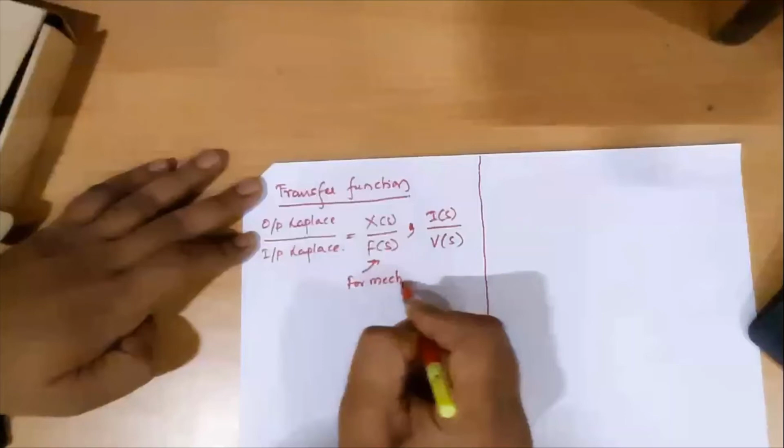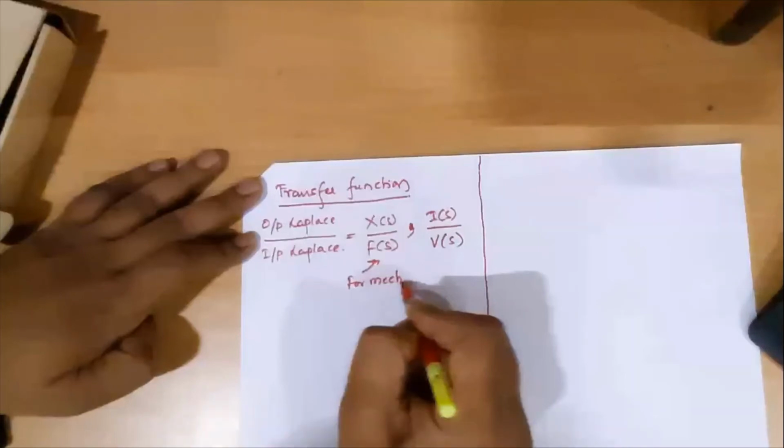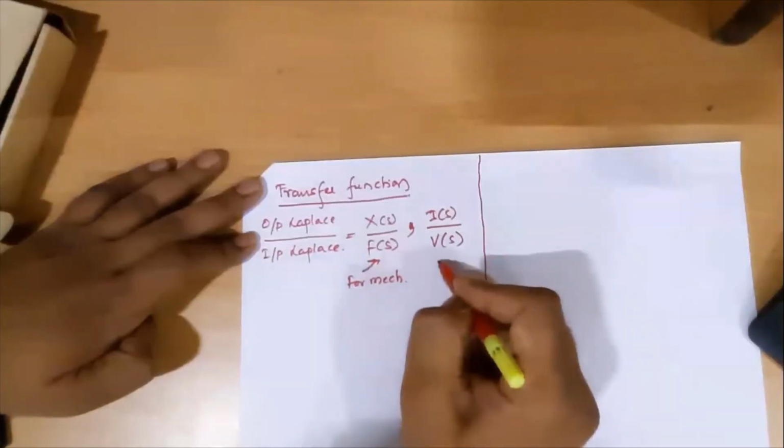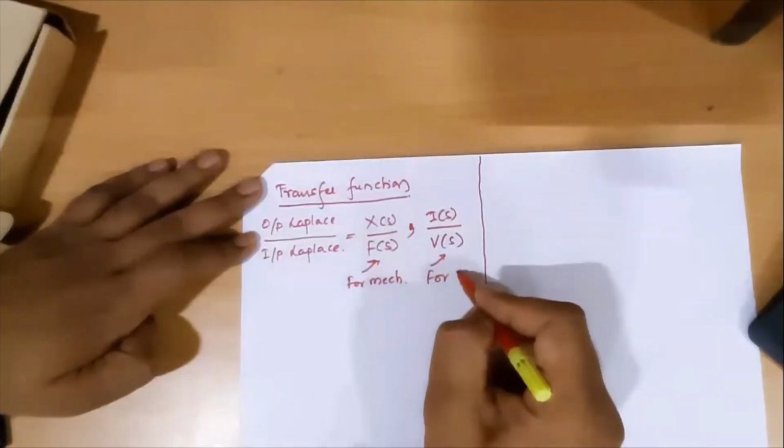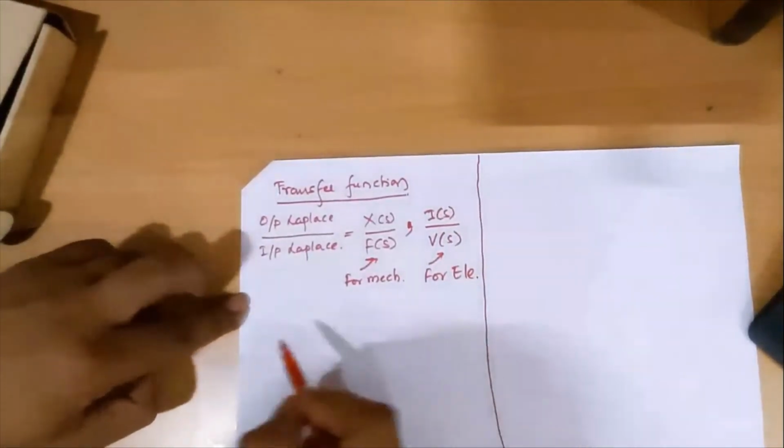It is not always I(s) by V(s) in all scenarios. Sometimes you apply a current and check what voltage you get across a resistance. Then current will be the input and voltage the output. Just for the sake of simplification, for a simple circuit, we can call current the output and voltage the input. So this is for the mechanical system and this is for the electrical system. This is the definition of transfer function.